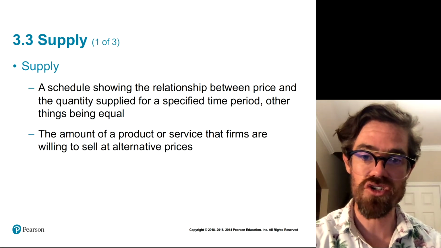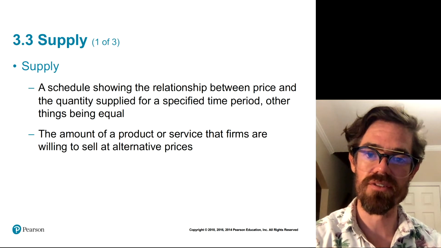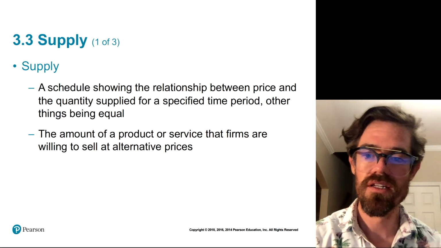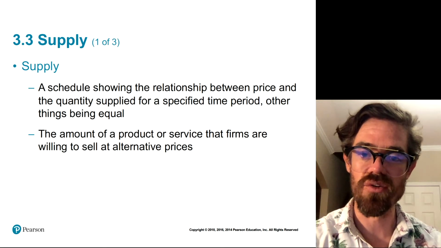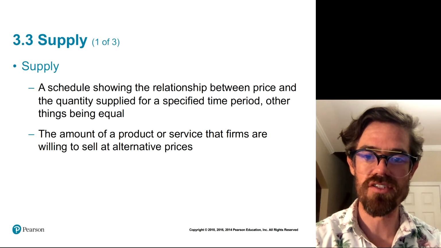That relationship is supply. And we still have our ceteris paribus assumption: holding everything else constant, the only thing changing is price, and that's leading to changes in quantity supplied. Now, the quantity supplied is just the amount of a product or service that a firm is willing to sell at a given price.